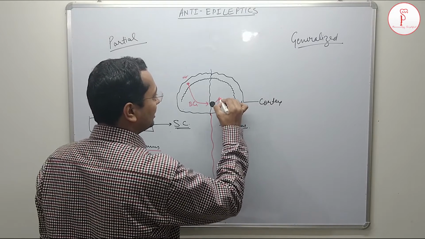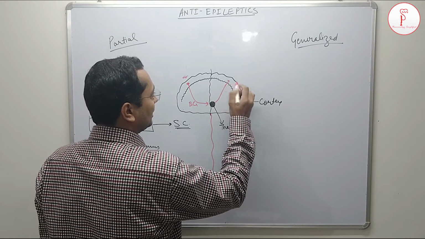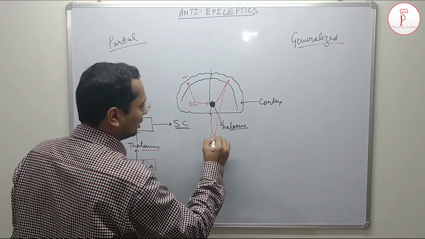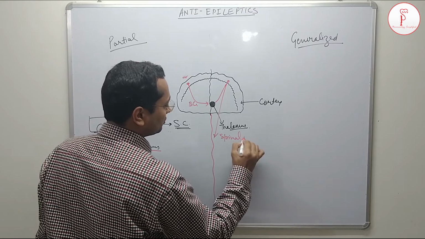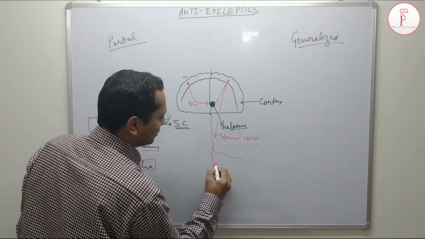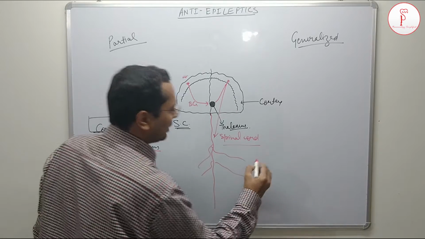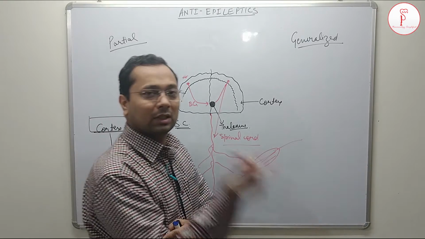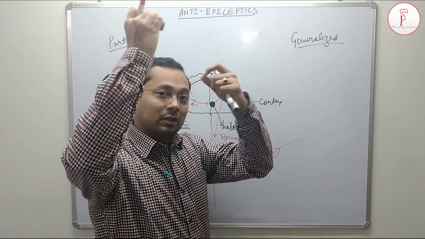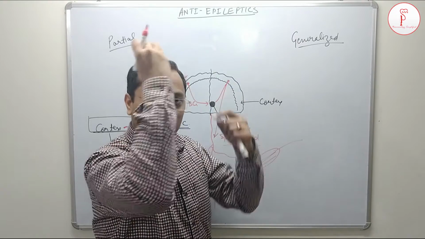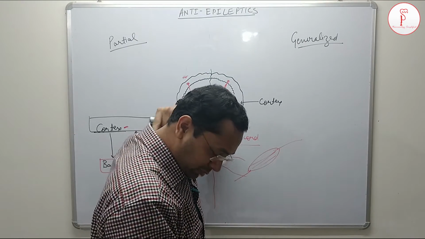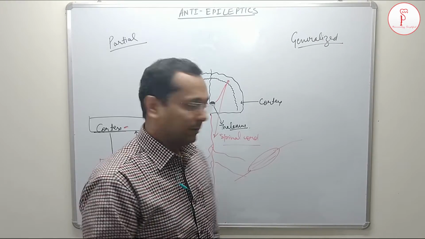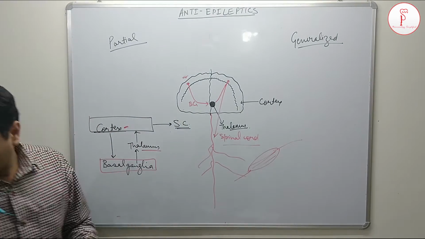The thalamus processes the signal and sends it to the cortex again, and from this cortex it goes down to the spinal cord, and through the spinal nerves it acts on the muscles. For example, for this muscle to contract, the signal generates in the cortex, goes through the basal ganglia to the thalamus, then again to the cortex, and then comes down through the spinal cord into my hand. And now this muscle will contract, right?